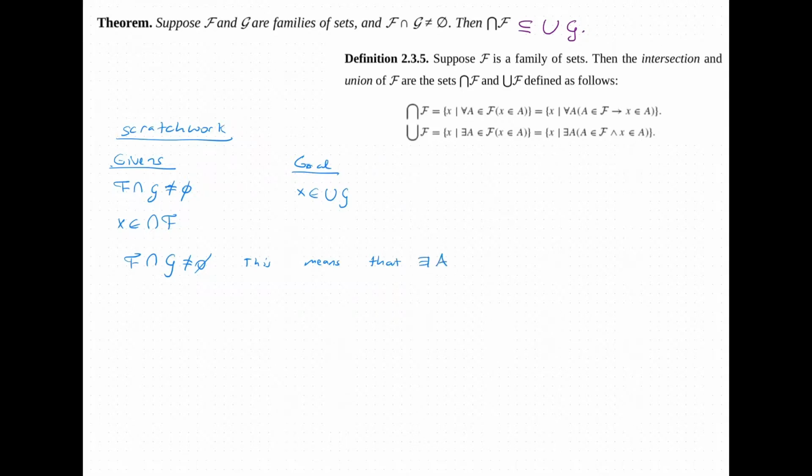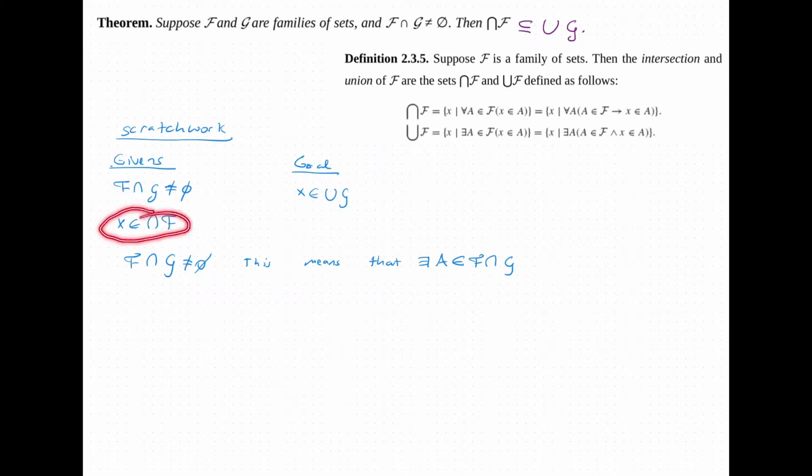And so there is some set A that is in F intersect G. Since these are families of sets, we must have that there is some set A that lives inside both F and G. So we have this.